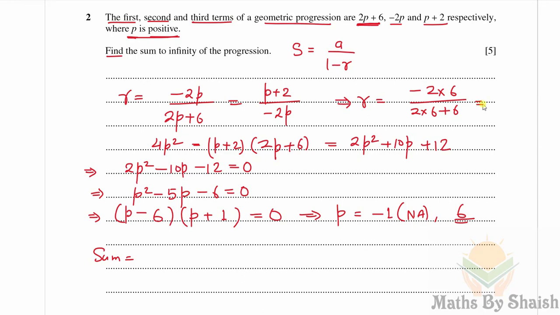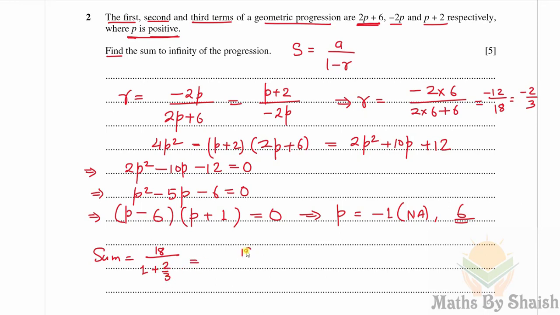So it becomes minus 12 upon 12 plus 6, which is 18, so minus 2 by 3. And a, that is 2p plus 6, so 2 sixes are 12 plus 6, 18, upon 1 minus (minus 2 by 3), so 1 plus 2 by 3.